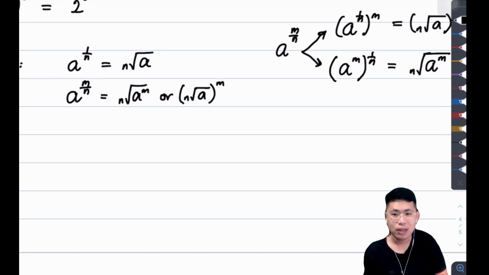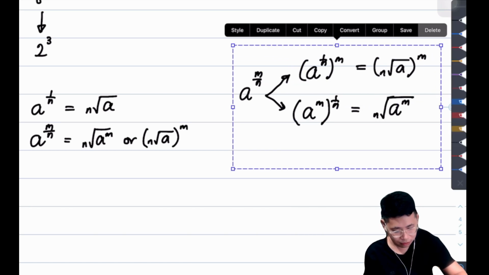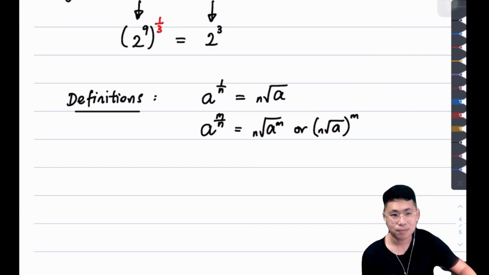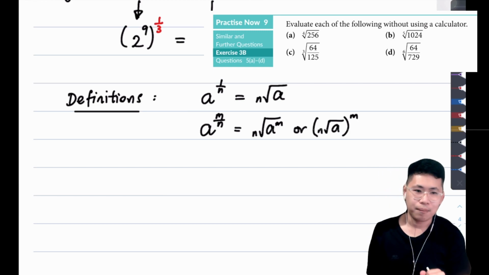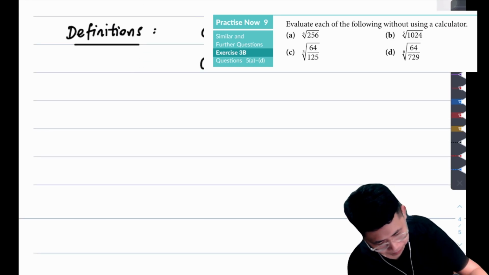So we have two different new definitions that we can play with for our laws of indices. Without further ado, let us take a look at practice 9 over here.